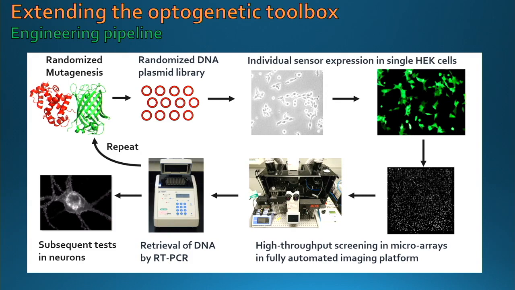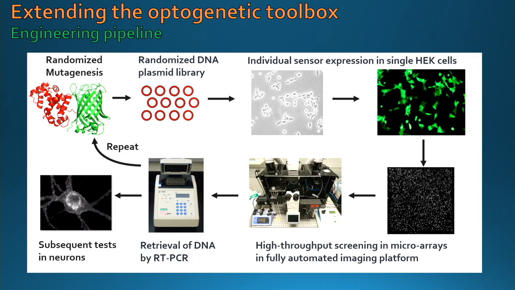The next key step is to physically separate those cells, and we're doing this by seeding them on microarrays, which contain thousands of microtiter wells that are just big enough to host one of these cells. And when we stimulate those sensors in these cells, we can differentiate between the fluorescent signals that are originating from individual cells, and by doing that, we can screen thousands of sensors simultaneously.